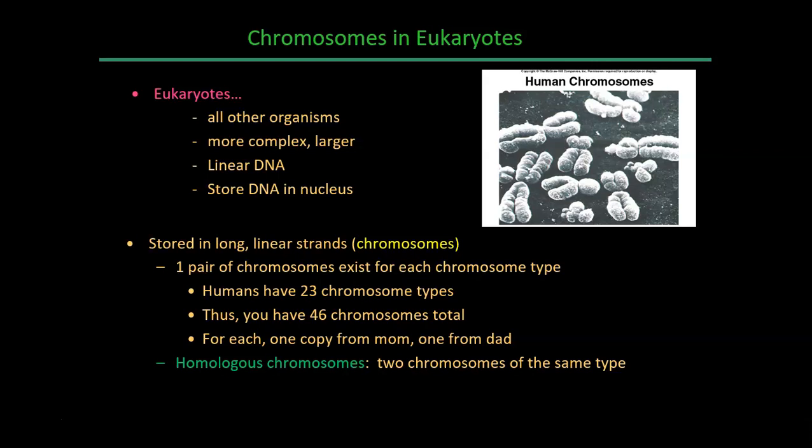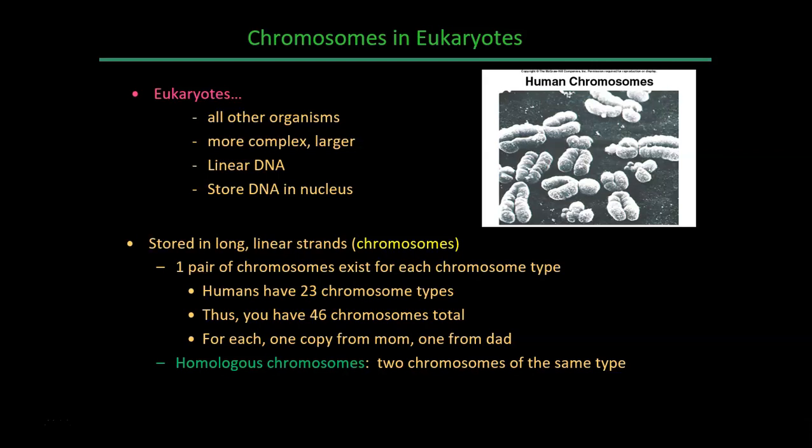Okay? And each of those types is called a homologous chromosome. So scientists give the chromosomes numbers, that's their names. And so we could talk about, for example, chromosome number 3. You got one copy of chromosome number 3 from your mom and one from your dad, okay?